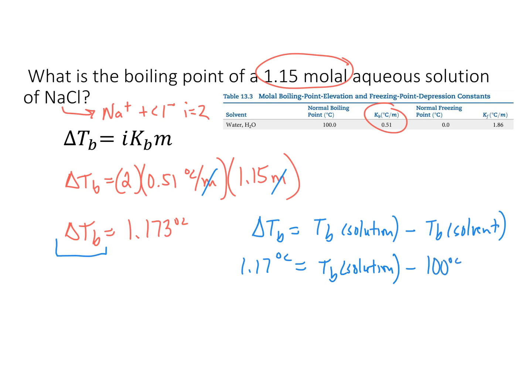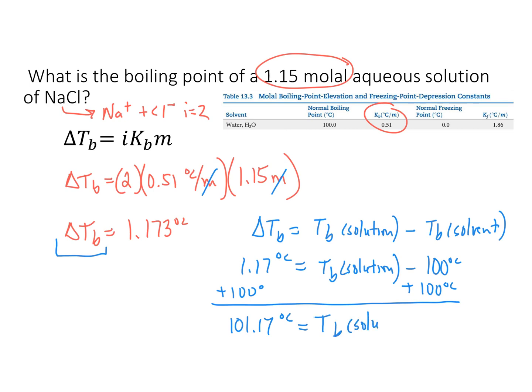So to solve for that, I'm going to add 100 degrees across on both sides. And I see that the boiling point of my solution should be 101.17 degrees Celsius, which equals the boiling point of the solution of the salt and the water together.